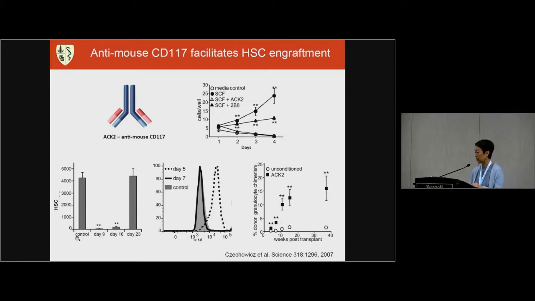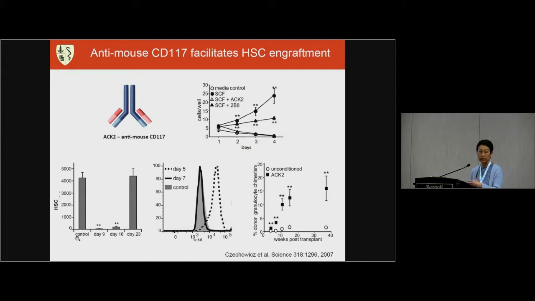And what this middle panel is showing is that when you look in the serum, she measured the serum of mice for the presence of the antibody, because if you're going to put a donor graft in, you don't want to introduce the stem cells too quickly if the antibody is still hanging around, because it can deplete your donor cells. And so this is day 5, there's still antibody in the serum, and then by day 7 it disappears.